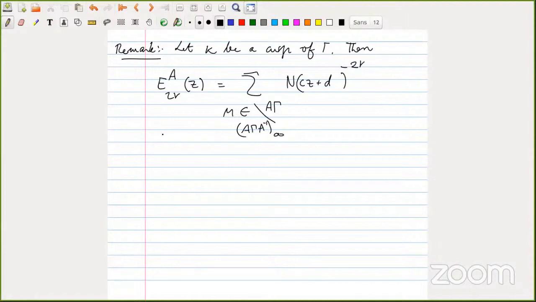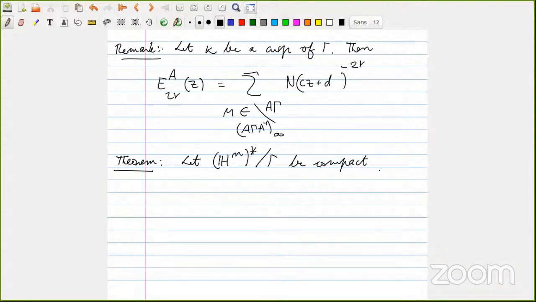So here is a theorem. This theorem is a consequence of whatever we have done. Suppose I have the quotient of H star by Gamma to be compact. In the case of the modular group, we have already seen that this is compact, but I'm writing this in general for any discrete subgroup.